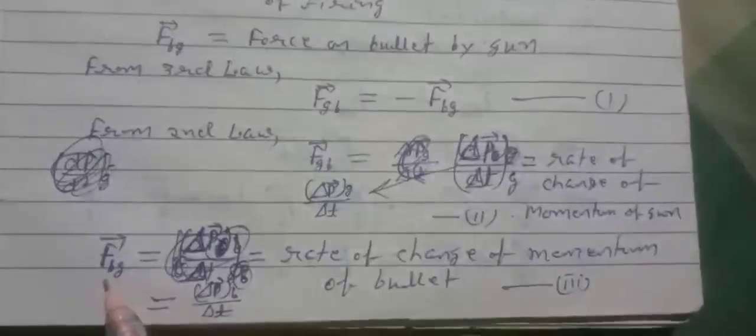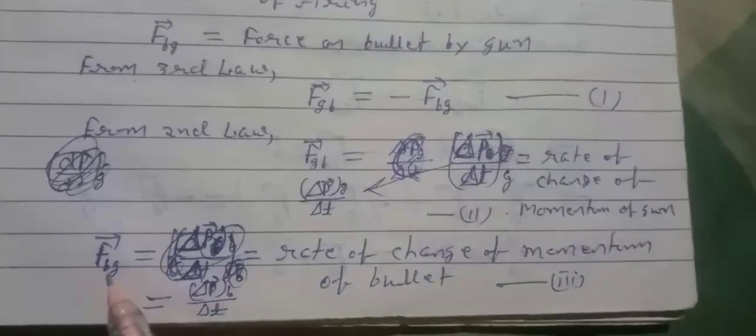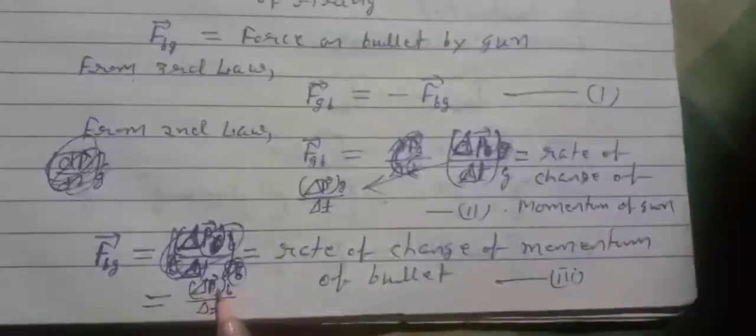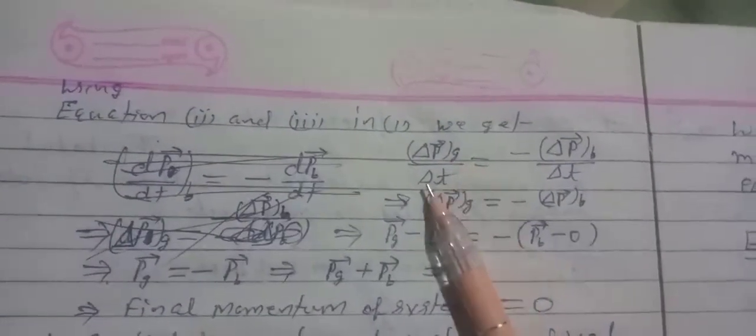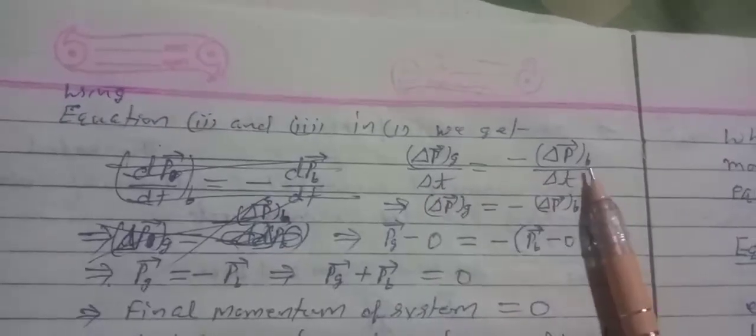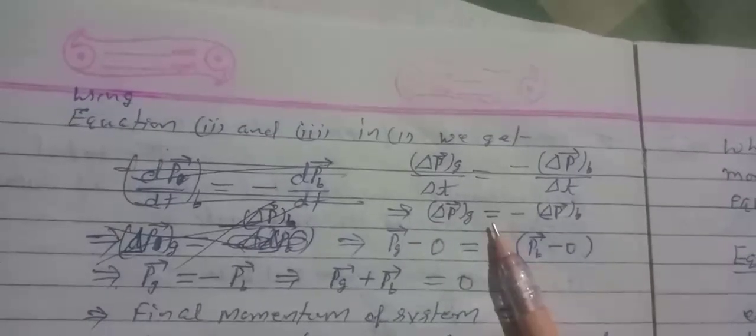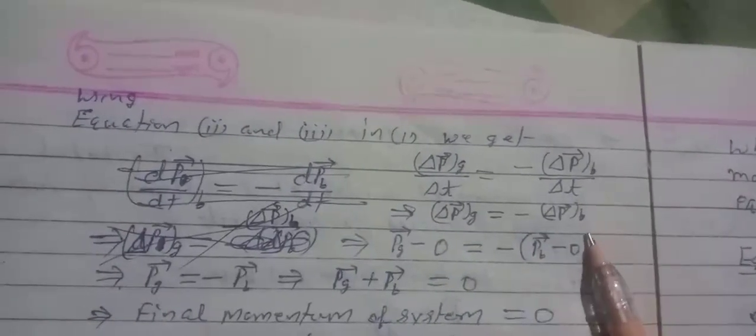Since the force is acting on B, this will be equal to the rate of change of momentum of the bullet, so delta PB by delta T, equation 3. Using equations 2 and 3 in 1, we get delta PG by delta T equals minus delta PB by delta T. This implies delta PG equals minus delta PB.